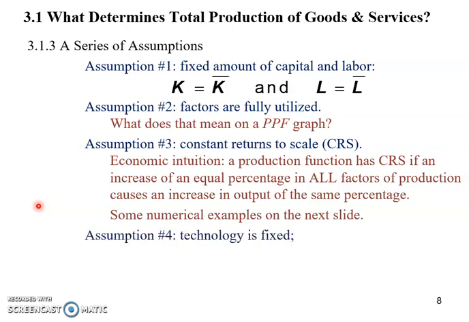The last assumption, the fourth one, is that technology is also fixed. Now you already find the assumptions about capital, labor, and technology.